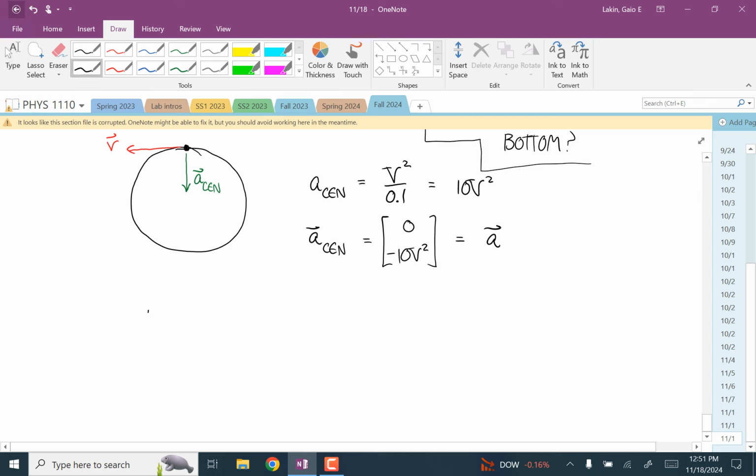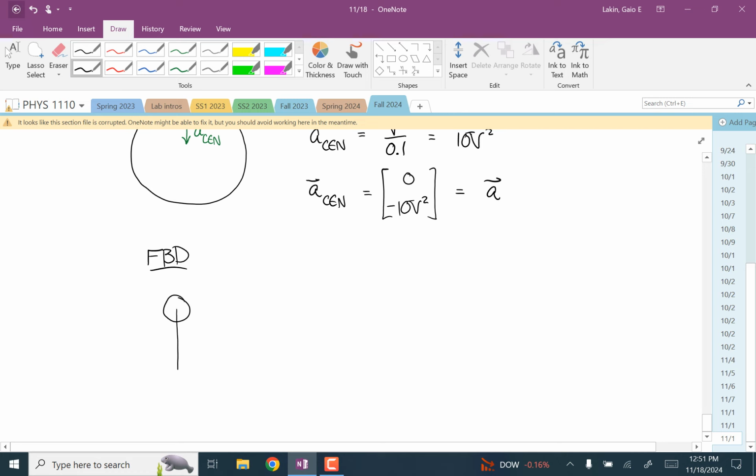And now I'll draw a free body diagram. We have a weight force of mg.